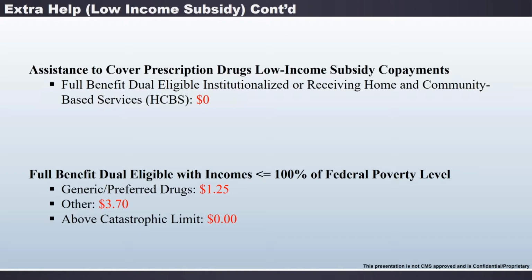Yep. So for full benefits on the dual eligibles with income less than or equal to 100% of the federal poverty level, a generic or preferred drugs could be up to $1.25 copay per prescription. And then $3.70 for other, again, up to per prescription. And then we have the above catastrophic limit, which is a $0 copay.